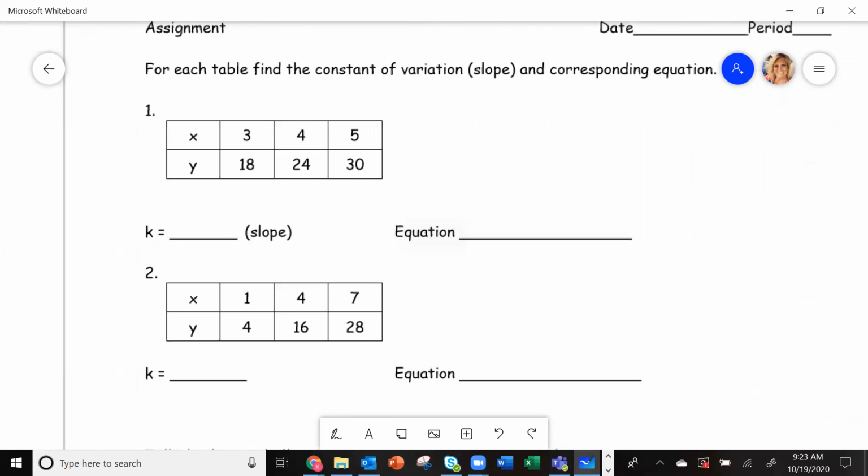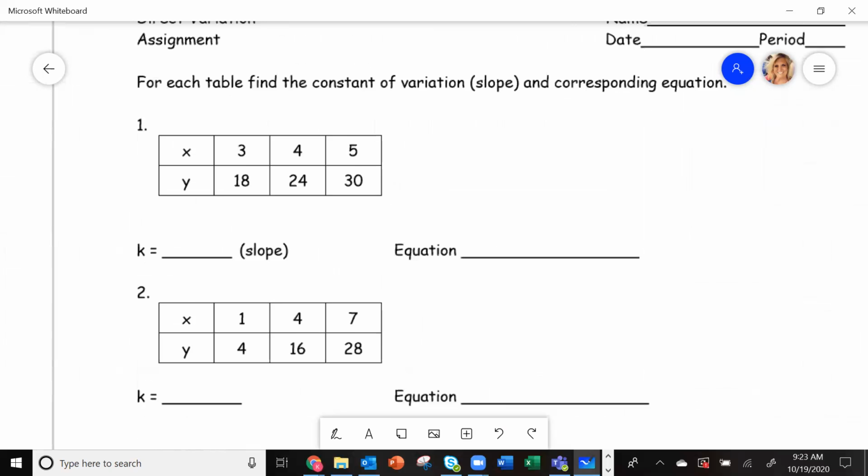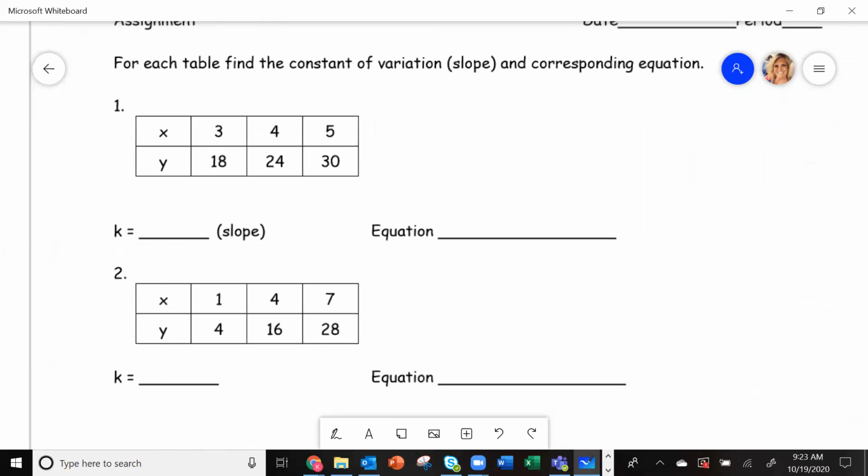I want you to try and come up with the equation if you're given a table. So let me give you a couple minutes. Now remember, to figure out if it is a direct variation, you have to do y divided by x to find your constant of variation. So do that now and try and find your equations.